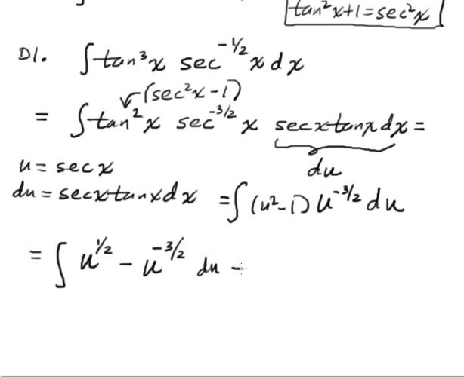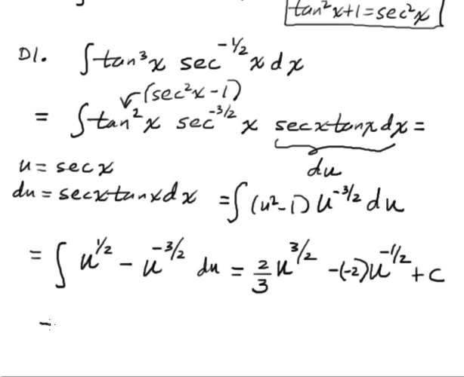Use the power rule. Add 2 over 2, so we get 3/2. Divide by 3/2, or multiply by 2/3. And here we add minus 3/2 plus 2/2, so that's minus 1/2. Divide by minus 1/2, or multiply by minus 2.